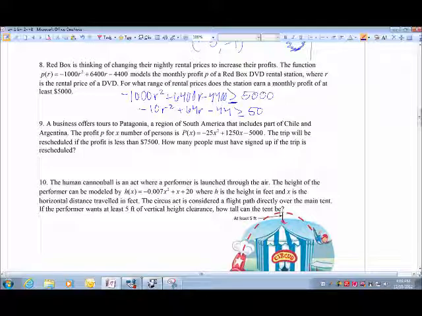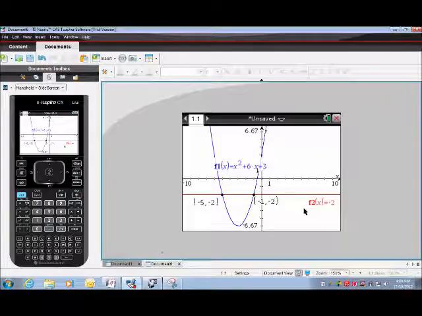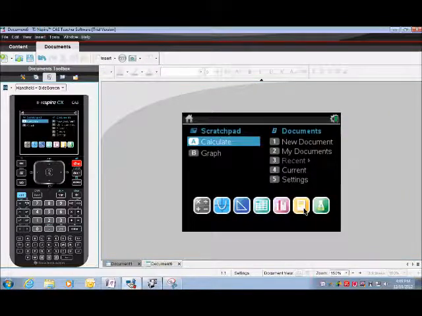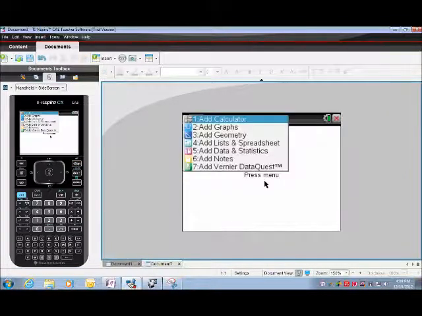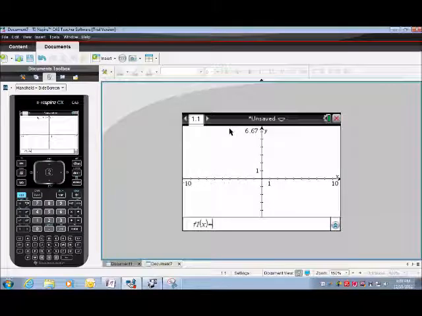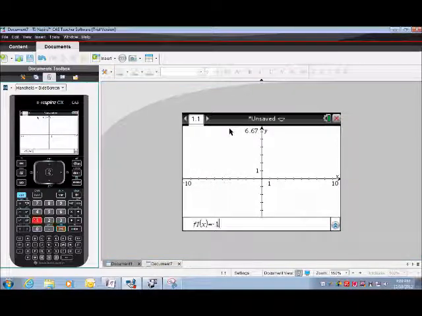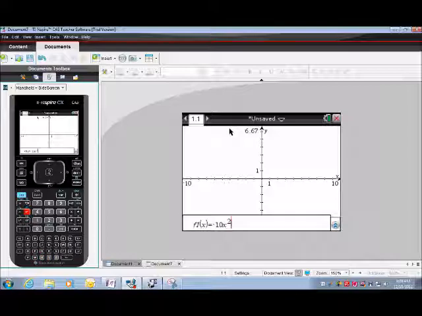So we go to our calculator and we enter in our inequality, the left side. So we open a new graph page. And the left side is going to be negative 10 x squared plus 64 x minus 44.